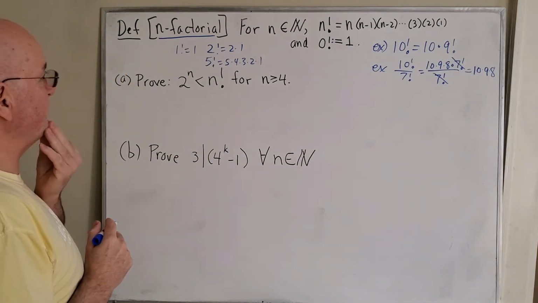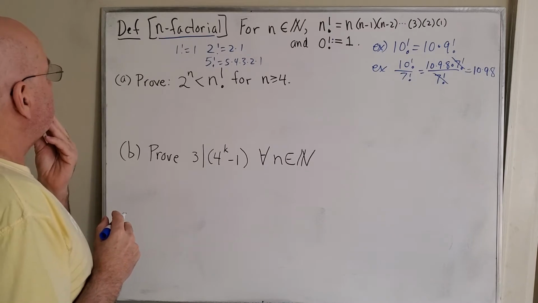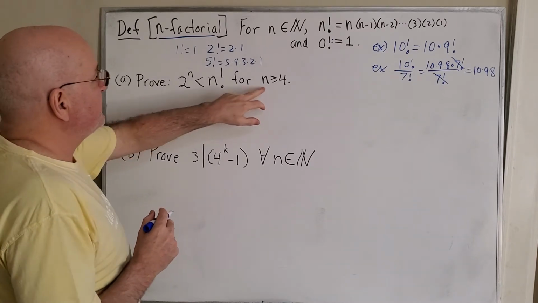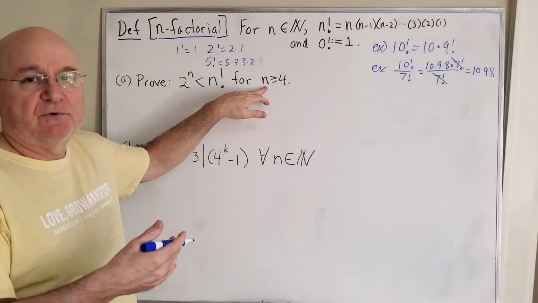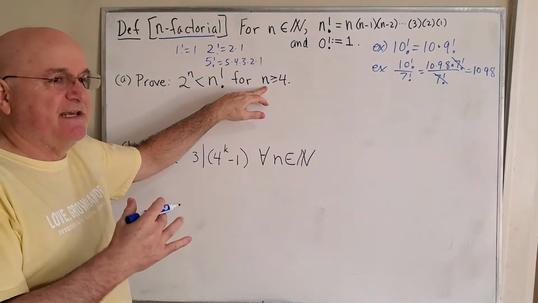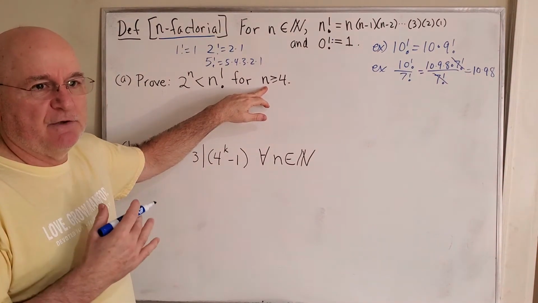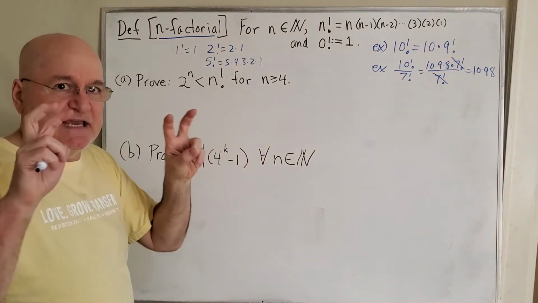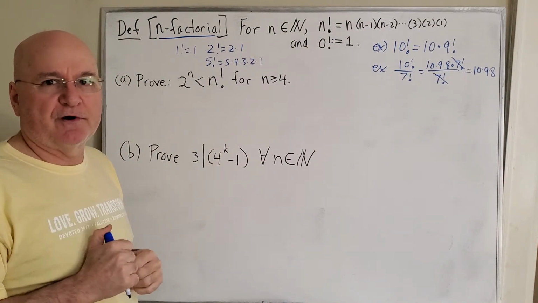Okay, we're ready for an induction proof. Prove this statement holds for n greater than or equal to 4. And let's just see, assuming this is true, let's see if n greater than or equal to 4 is the best case possible. Let's see if it would also work for 3.